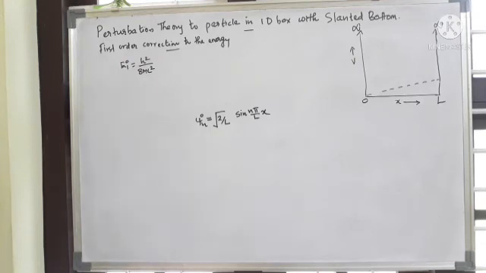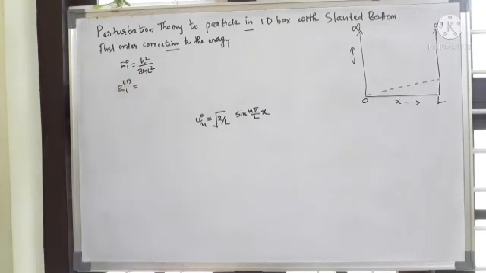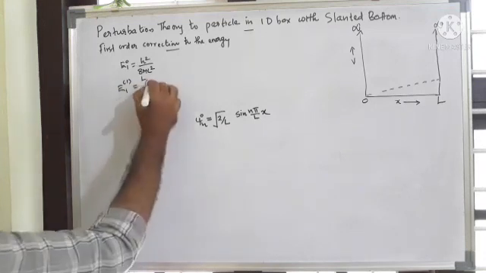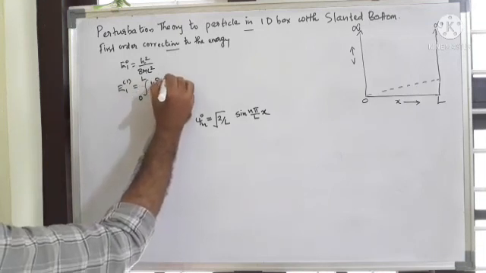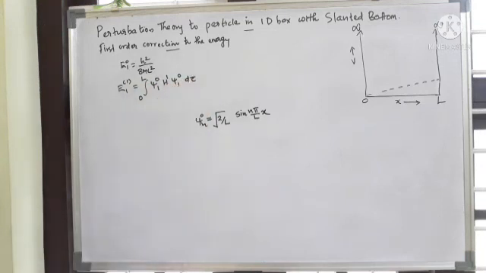The correction to this energy is E1 of 1, equal to integral 0 to L of psi 1 0 H prime psi 1 0 d tau. It is actually psi 1 0 star, but the wave function is a real function.